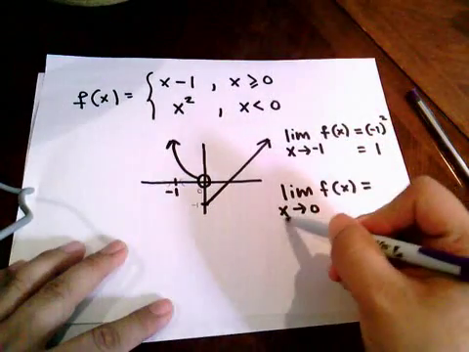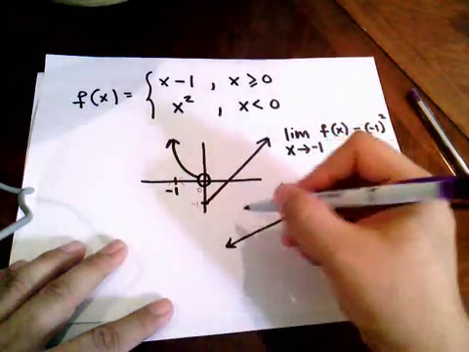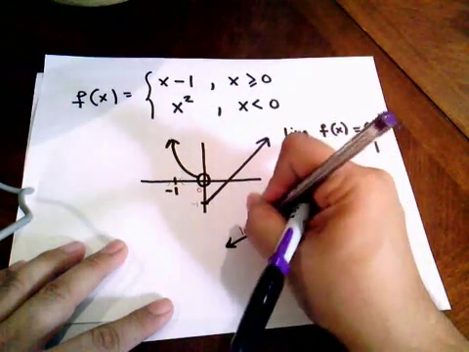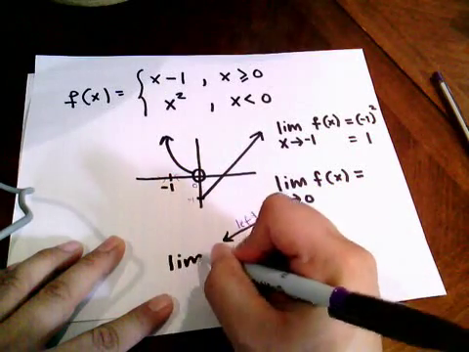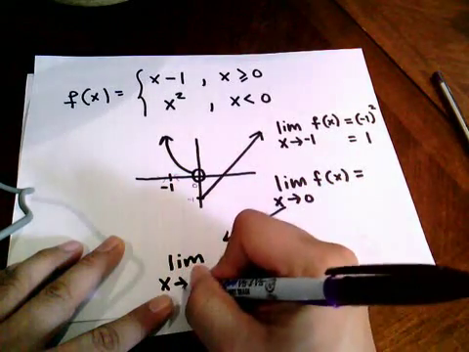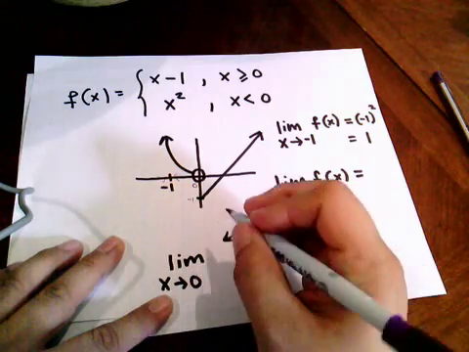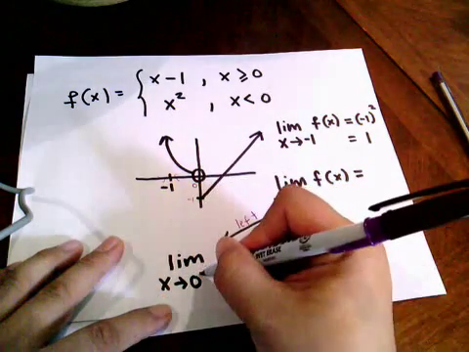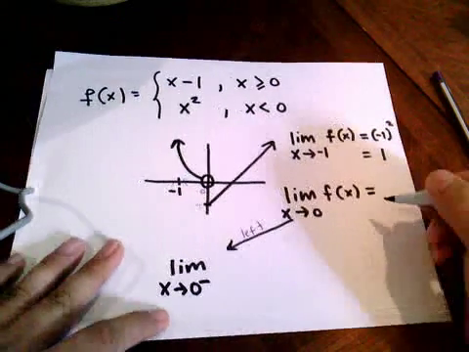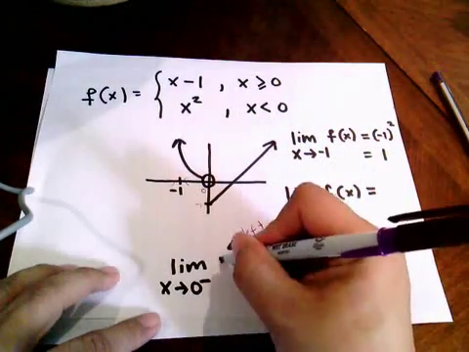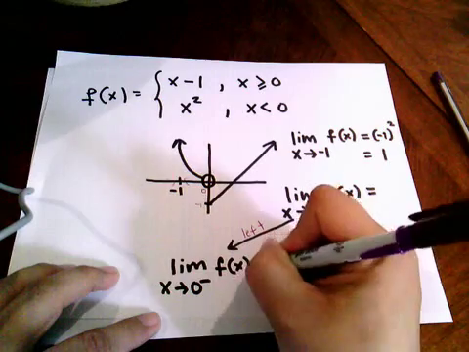So I'm going to have to check this limit from the left and from the right. So from the left-hand side, I would write the limit as x approaches 0, and to indicate that I'm approaching 0 from the left, I'm going to write a little negative sign on the superscript. That means from the left.